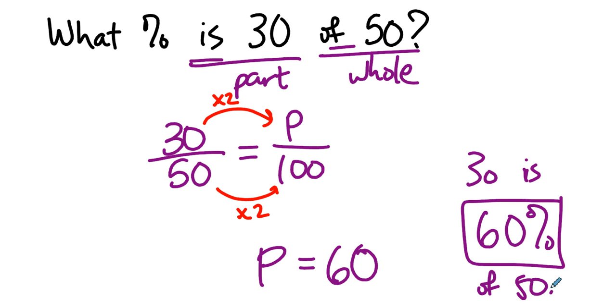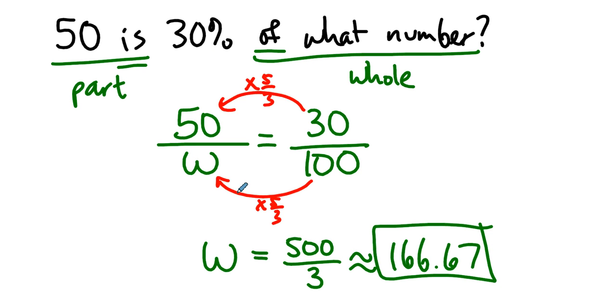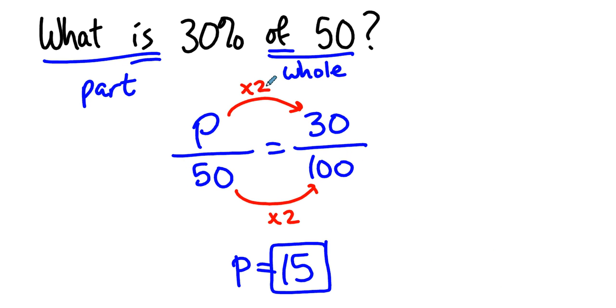That's what percent means. Every single percent problem in the world is either trying to figure out the percent, or trying to figure out the whole when you know the parts, or trying to figure out the part when you know the whole.